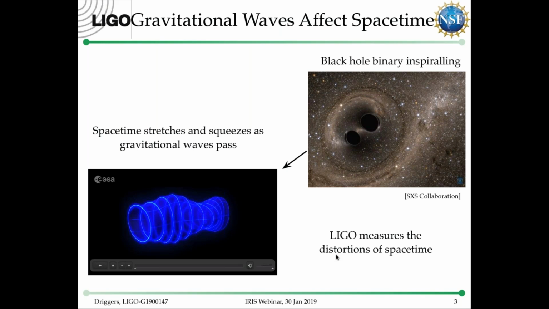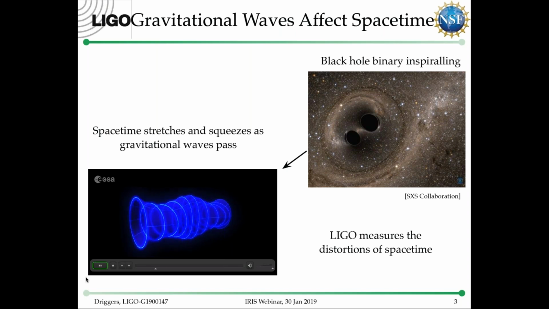In the upper right corner, I have a picture of a system of two black holes, and you can imagine them spiraling around each other, and they're getting closer and closer to each other with time. And when these black holes are spiraling around one another, they will actually cause space-time itself to stretch and squish.